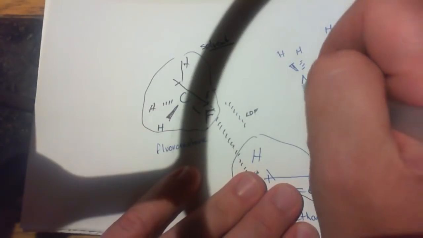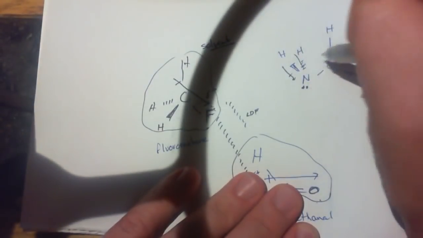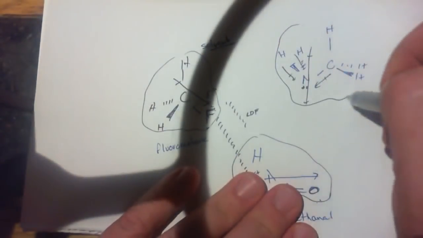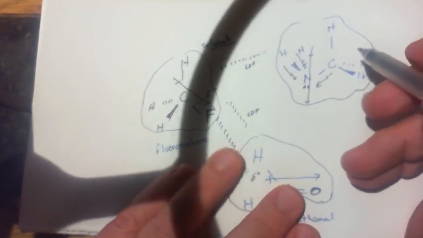Now this is a polar molecule with a net polarity. Again, between my solvent and this, I'm going to get my London dispersion forces, just because they're between everything.